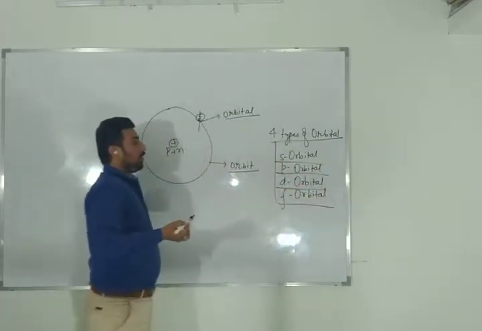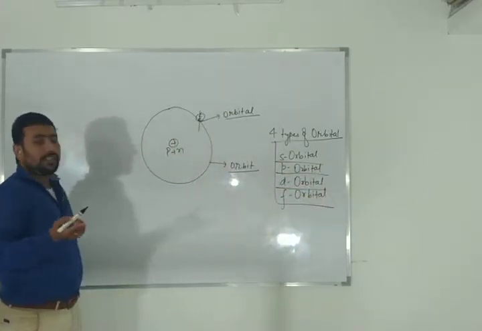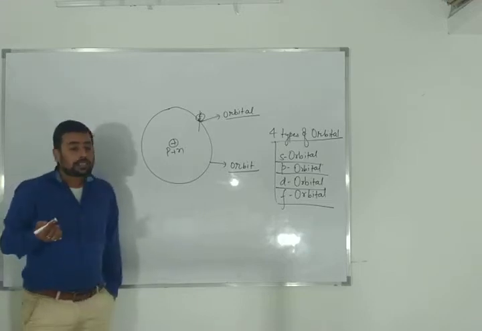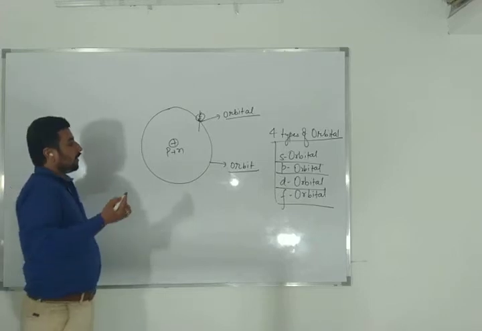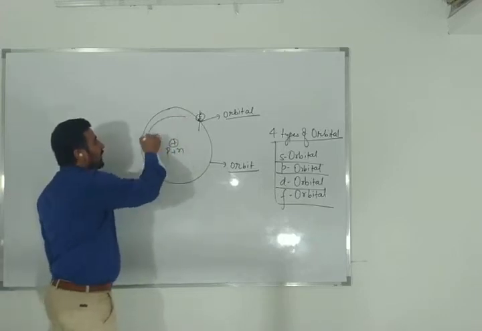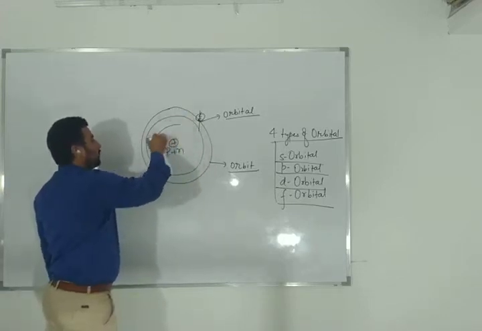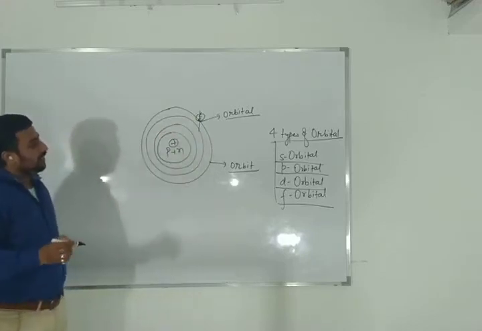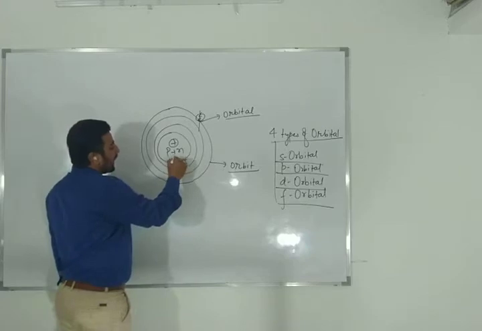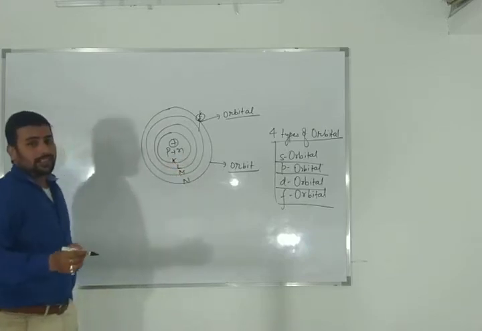You can ask me. As you have learned in the second chapter, structure of atom, there are a number of shells in an atom, energy levels, that's called energy shells, right? The first shell was denoted by K, second shell L, M, N by Niels Bohr.